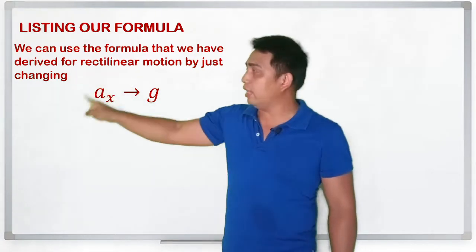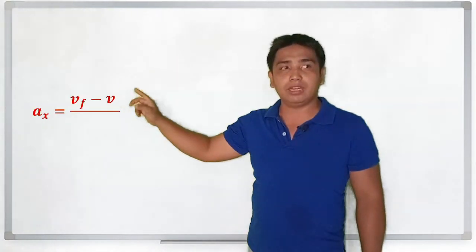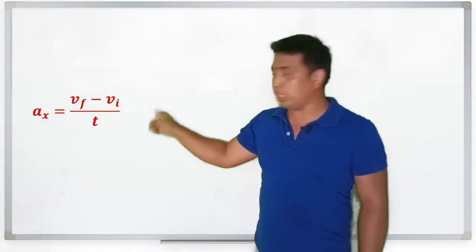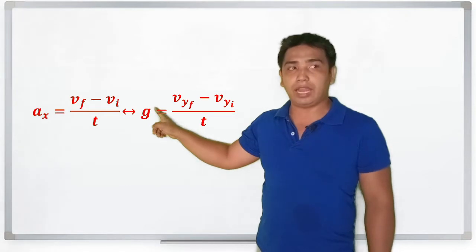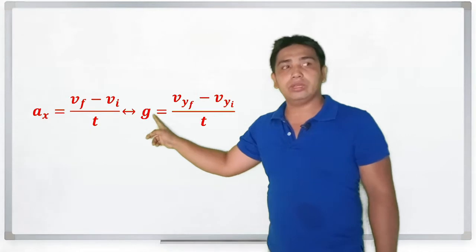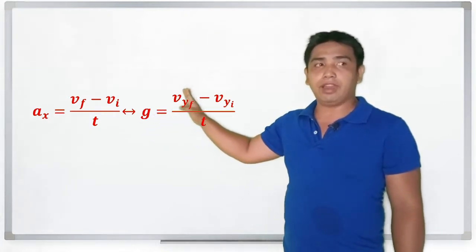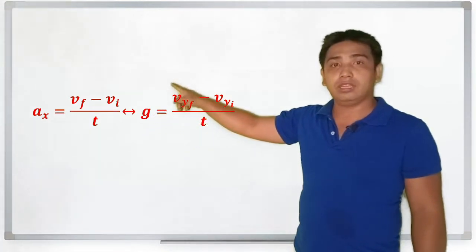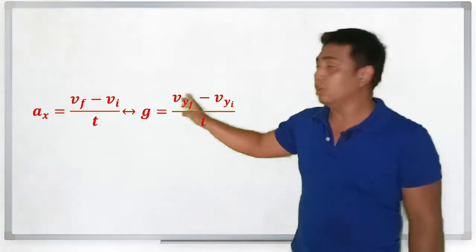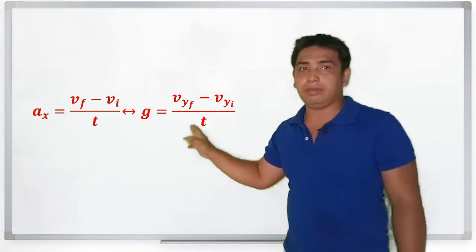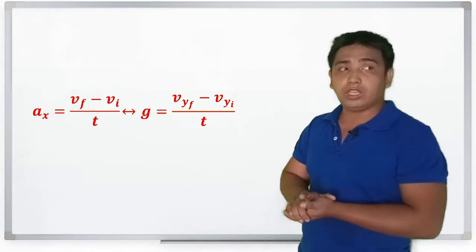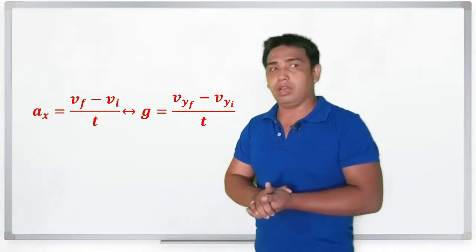This formula, ax equals vf minus vi over t, can be written with g, because that is the value of our acceleration, and it is constant: g equals vyf, the final velocity in the y direction, minus vyi, the initial velocity in the y direction, all over the time.